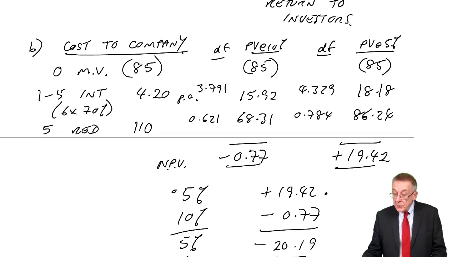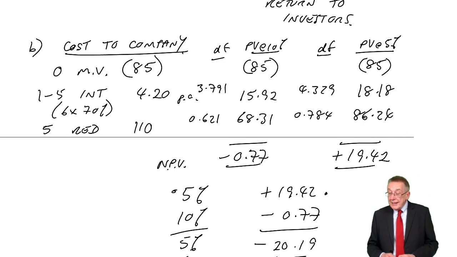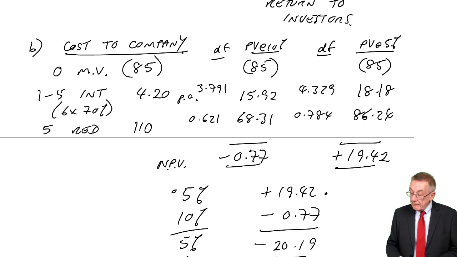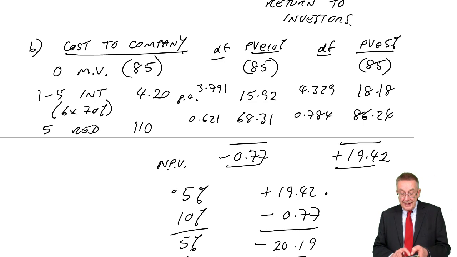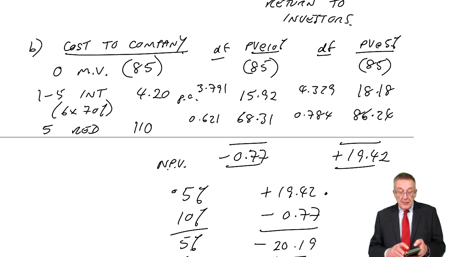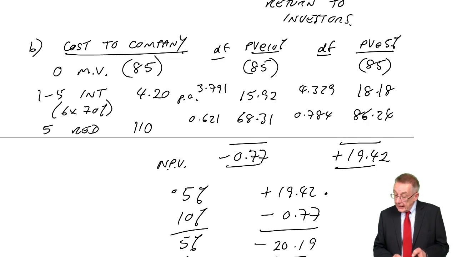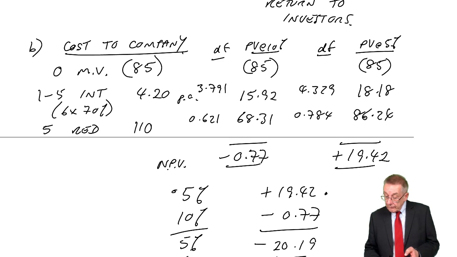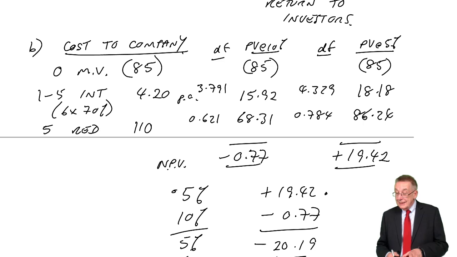As to what guesses to use, I'll tell you what I do. To give me a rough guide, I say, well, if you take the after-tax interest of 420 divided by the market value of 85, that gives me 4.94%.